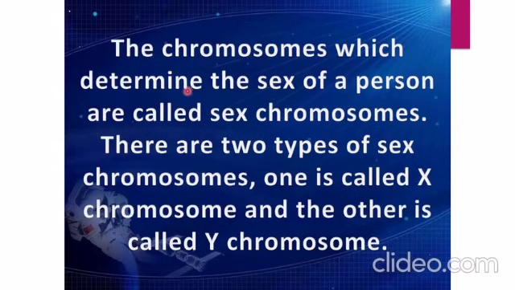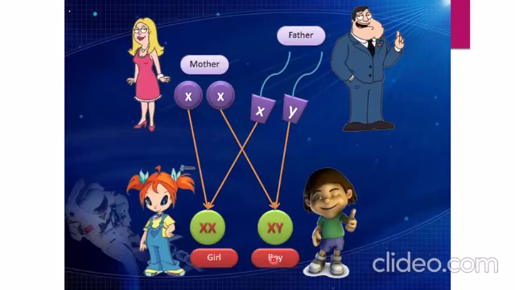The chromosomes which determine the sex of a person are called sex chromosomes. There are two types of sex chromosome. One is called the X chromosome and another is known as the Y chromosome. Now, mother has both XX chromosomes and father has X and Y chromosomes.